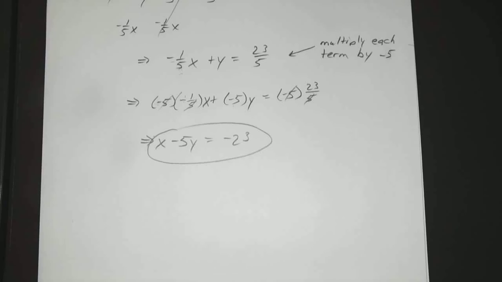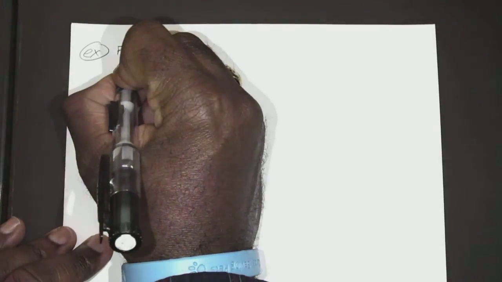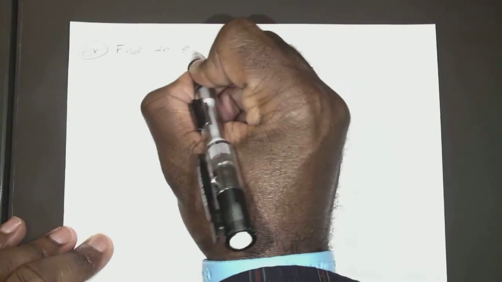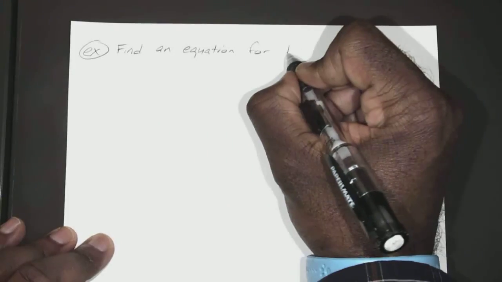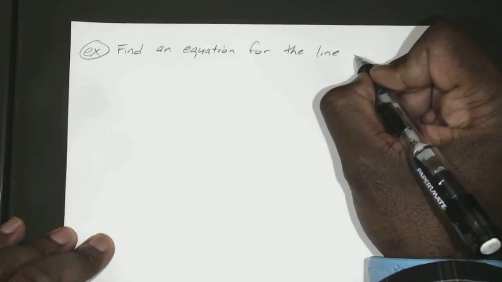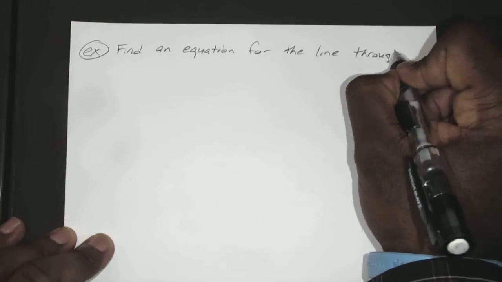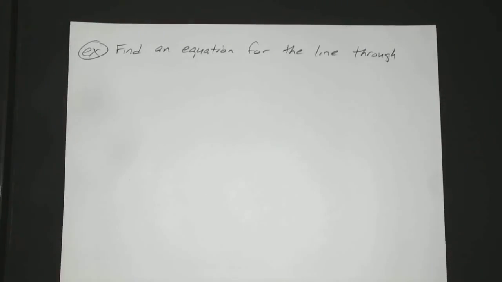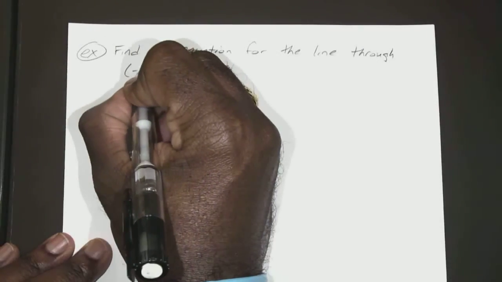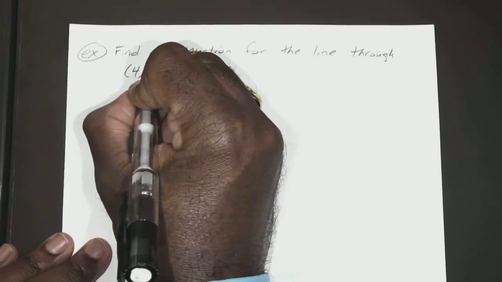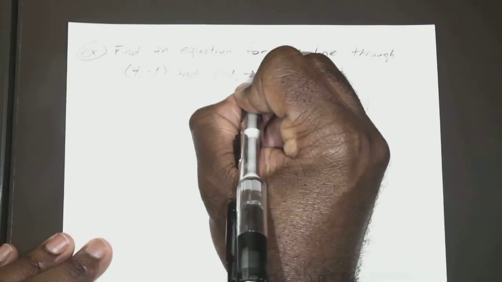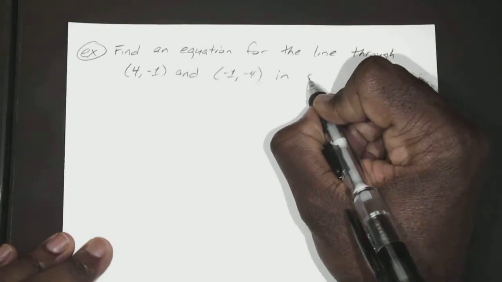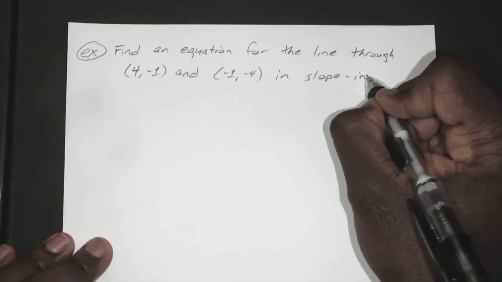So find an equation for the line through, let's say, (4, -1) and (-1, -4), in slope-intercept form.